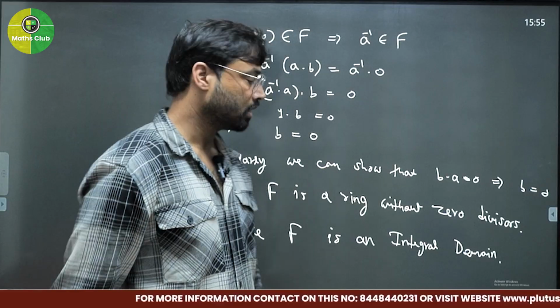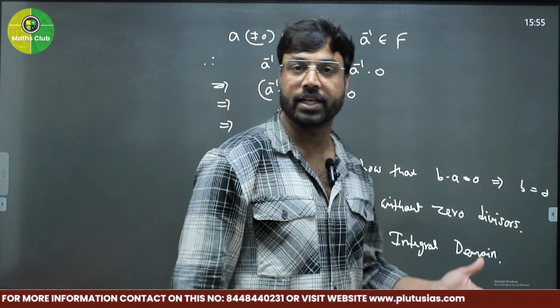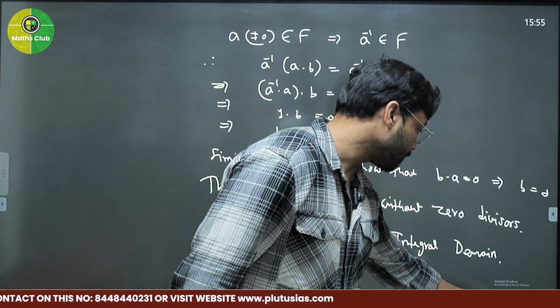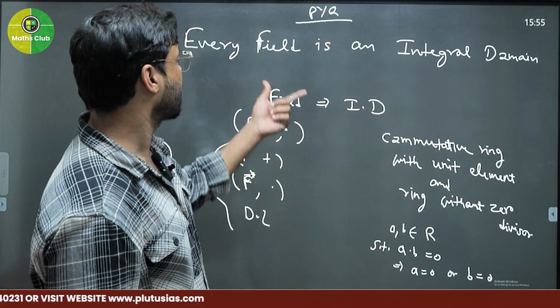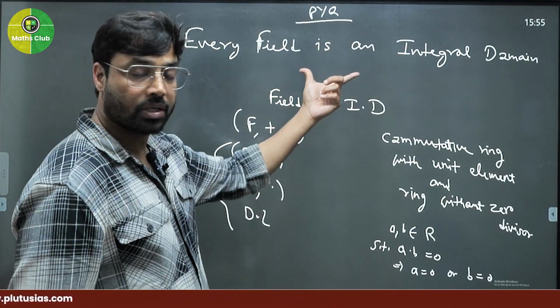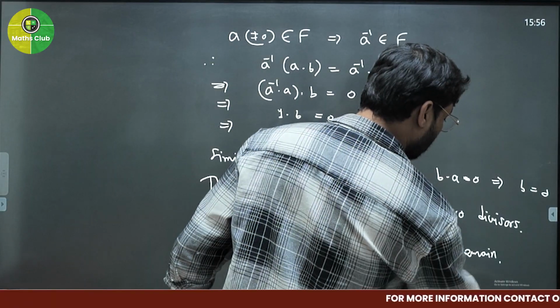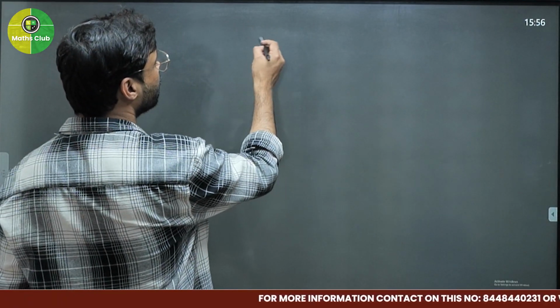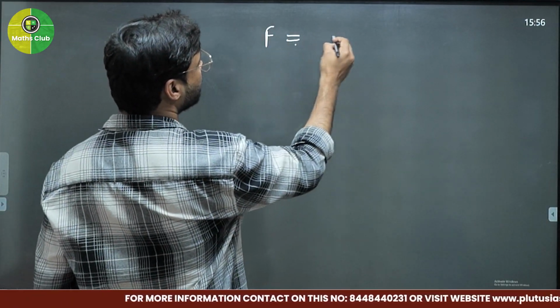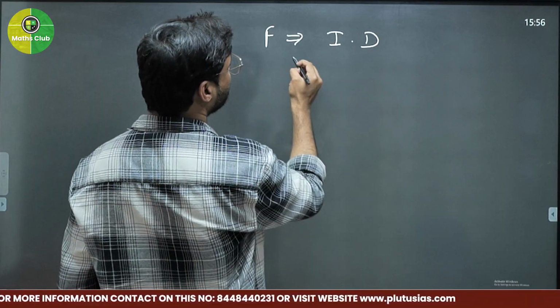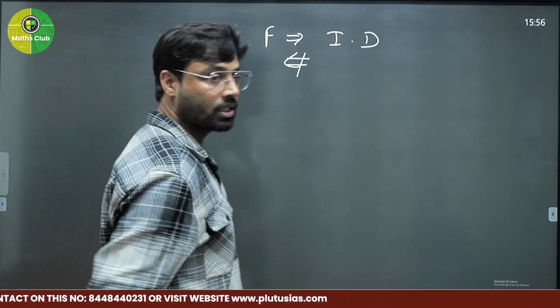Therefore every field is an integral domain. So we have proved that every field is an integral domain, but the converse is not necessarily true. That means a field implies an integral domain, but the converse is not necessarily true.